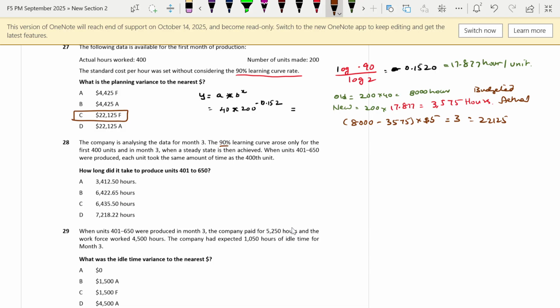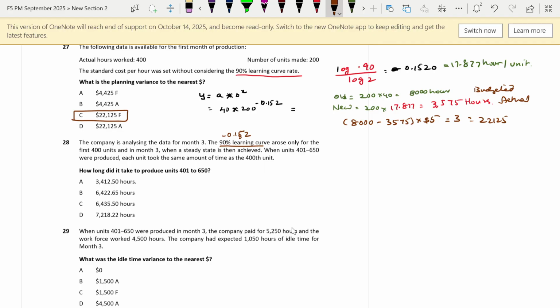The learning curve is the same, minus 0.152. We don't need to calculate again. They are saying units 401 to 650.